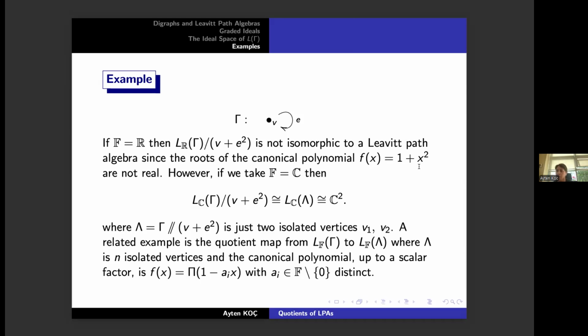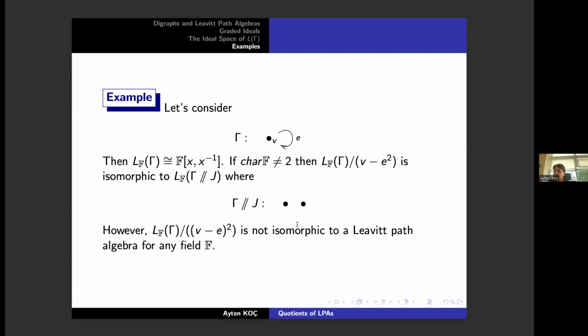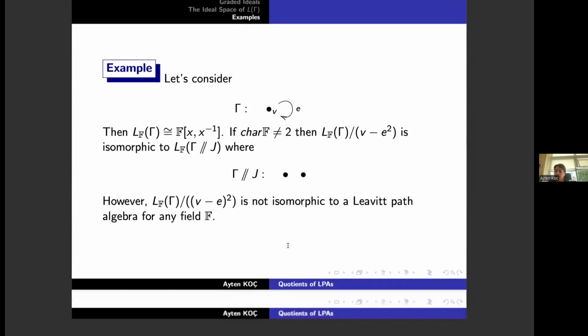But if we take the complex numbers and L(Γ) over the same ideal, the same quotient but with coefficient field the complex numbers, this quotient is isomorphic to a Leavitt path algebra, and also this one is isomorphic to C2, where Γ/J is just two isolated vertices.